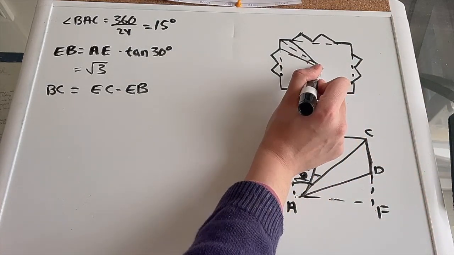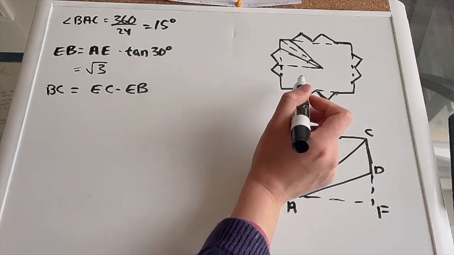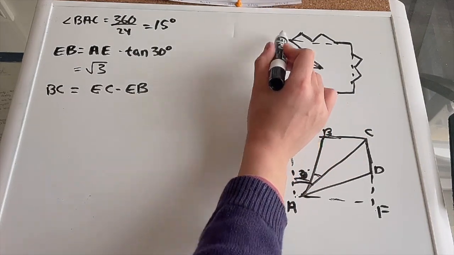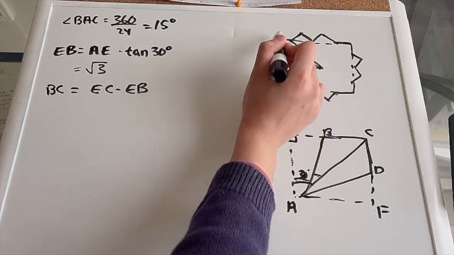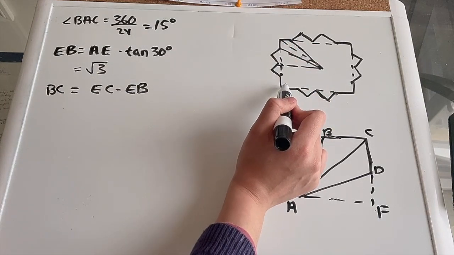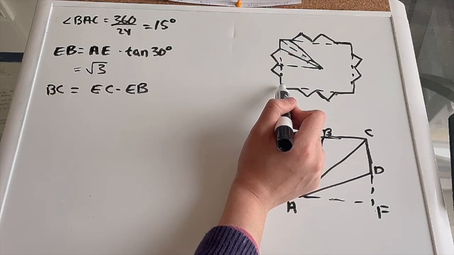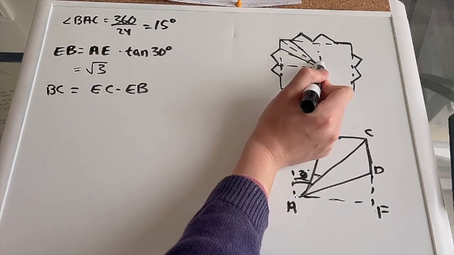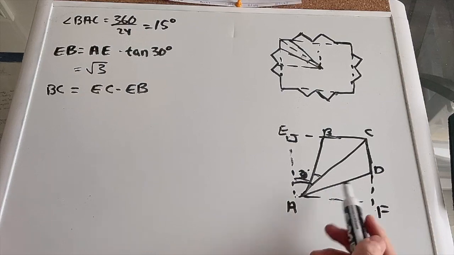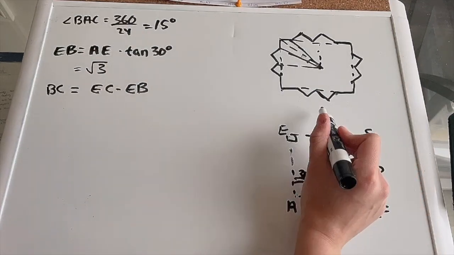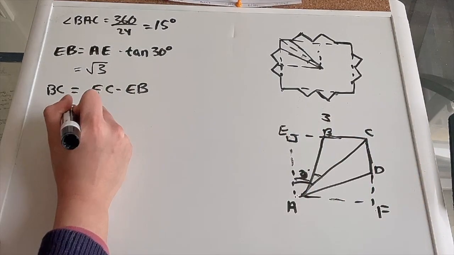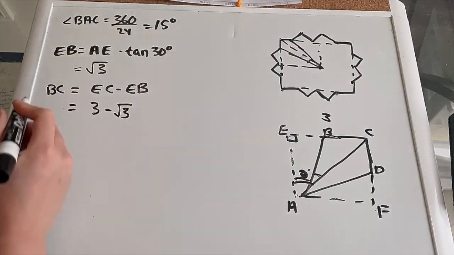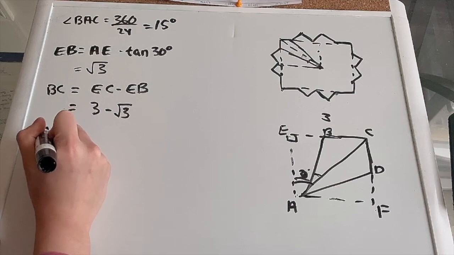Now, if we draw a line to the side, since this is the center of this square, then this would equal a half of the length of the square. And since we know the length of this side is 6, then right here to right here, that will be 3. So this right here is where we got this diagram from. So this side length, EC, would equal 3. So BC would equal 3 minus EB, which is the square root of 3. And this would equal BC.